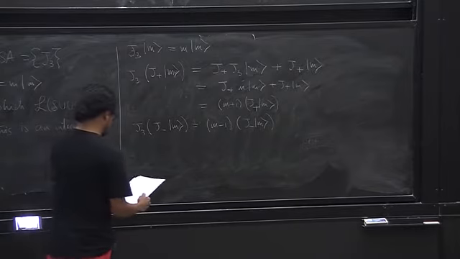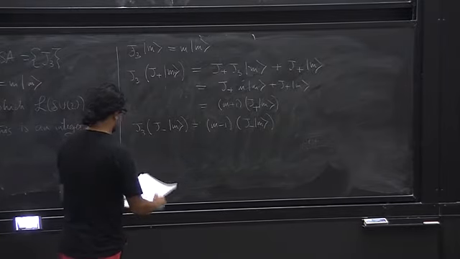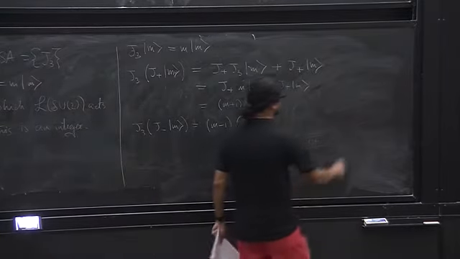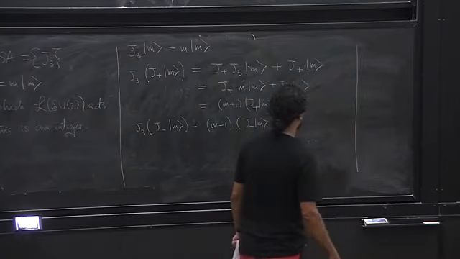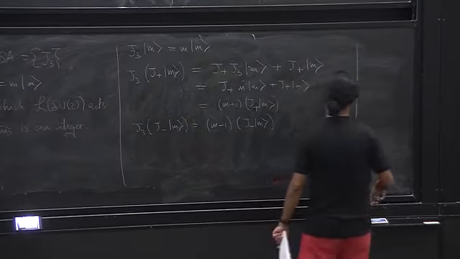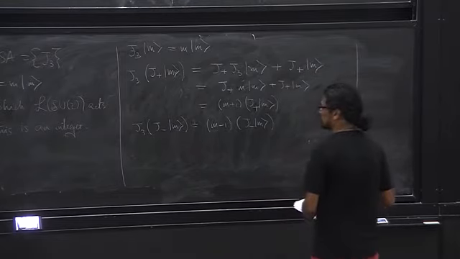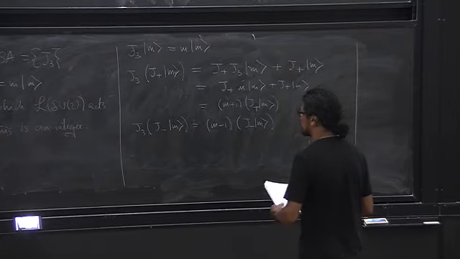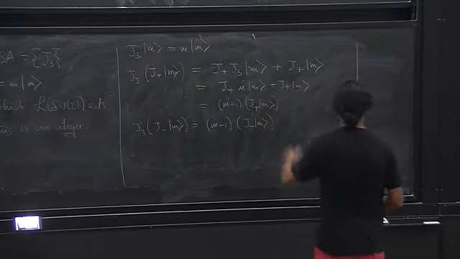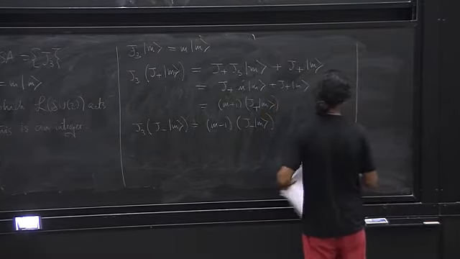So a picture emerges, and the picture is that the state space, or the vector space, can be seen as a ladder.